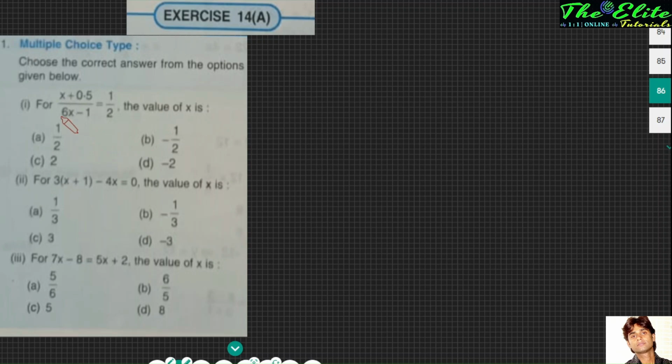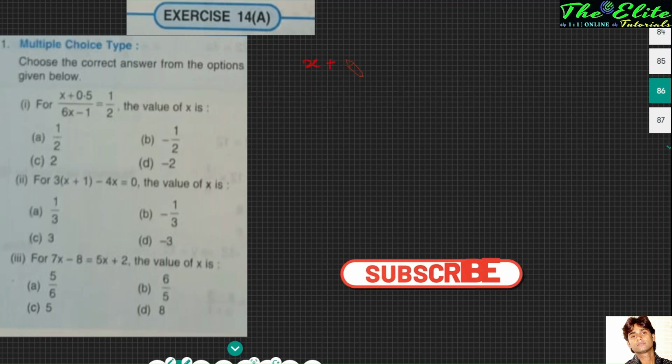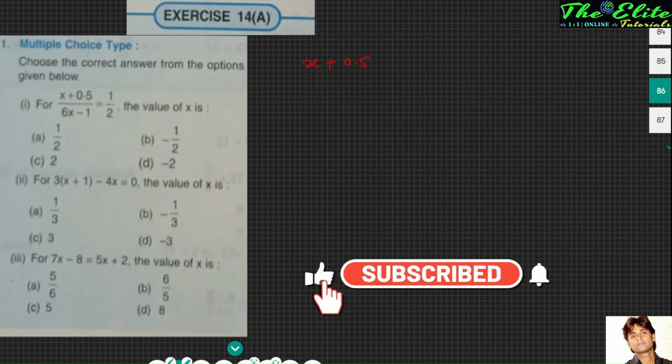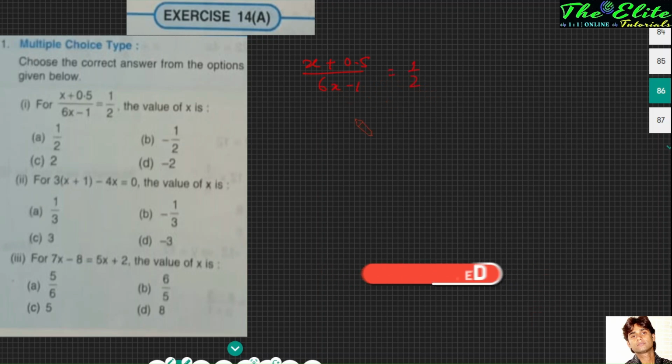So let's solve it. This is like x plus 0.5, isn't it? It is written (x plus 0.5) by (6x minus 1) is equal to 1 by 2, and you have to find out the value of x. So what do we do for this kind of scenario?